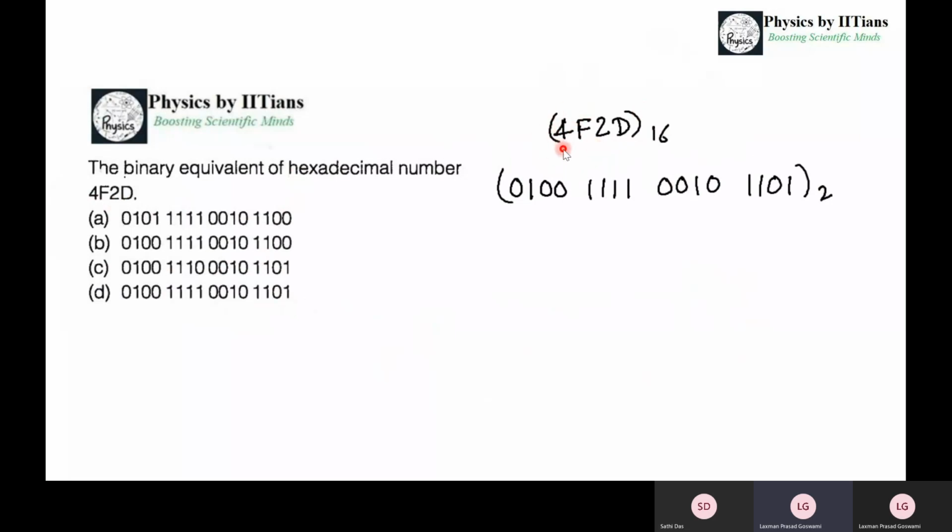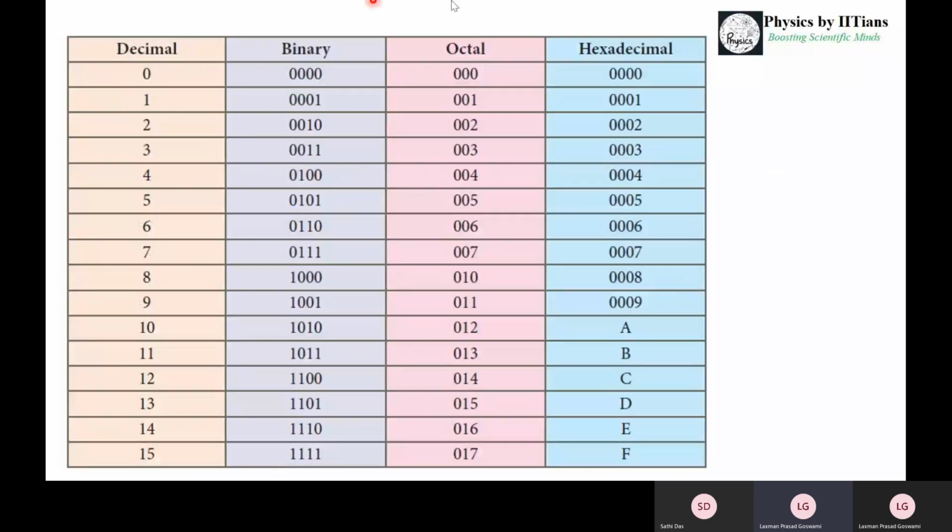So 4 will be written as 0100, F will be written as 1111, 2 will be written as 0010, and D will be written as 1101. So this is the binary equivalent. I recommend you remember this whole table by heart. After that, it is easy to convert any number system to any number system. So please remember this.